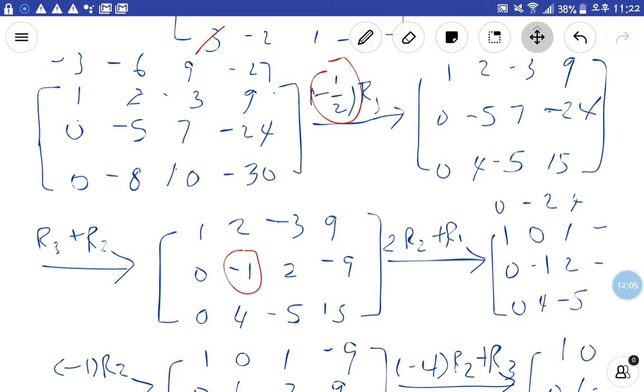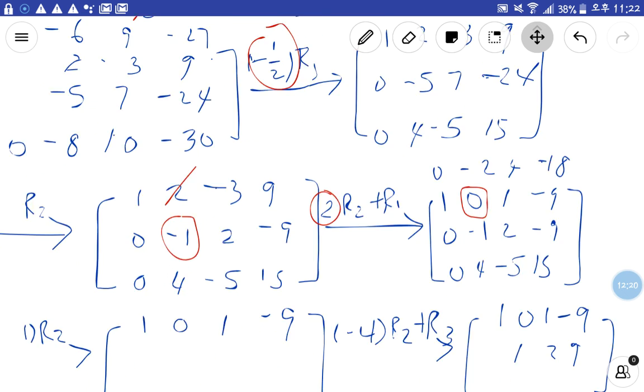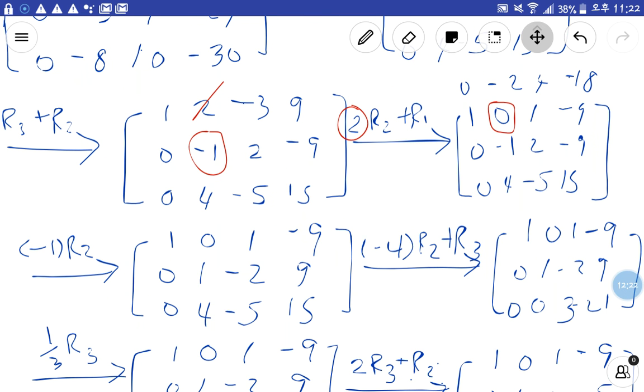Hold on. So for now I wanted to cancel my 2 here. So if I times 2 onto second row, add to first row, then it will be 0. And then if I times negative 1 onto my second row so that I can make my positive 1 here, it's getting closer to look like that.